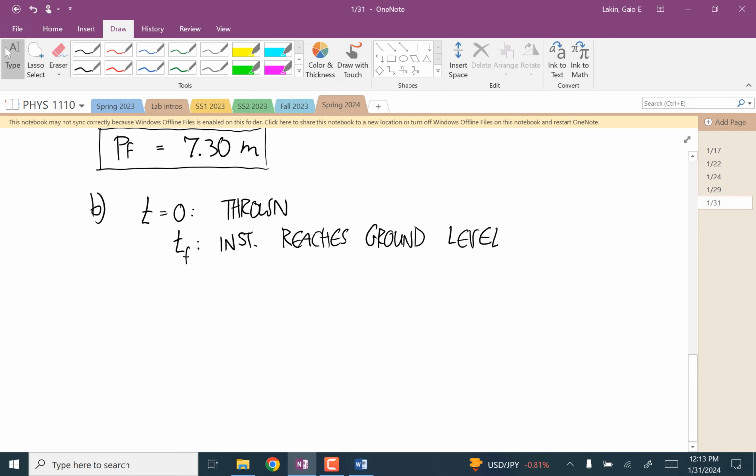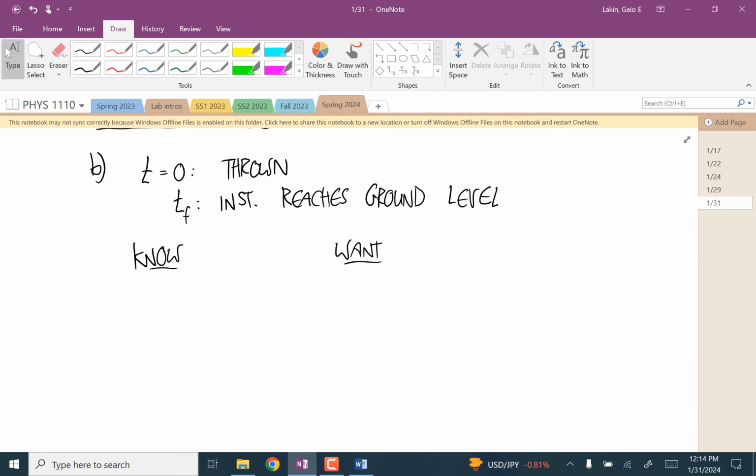We can keep our 0 position and positive direction the same. So now let's go through this again and figure out what we know and what we want. We're trying to calculate what the stopwatch says when it reaches ground level. So we're trying to calculate that value TF.